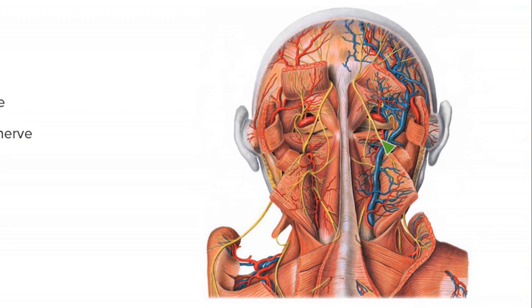And you can see it enters this region by passing just inferior to the inferior oblique that we see right in through here. This provides for sensory innervation of the skin associated with the posterior portion of your scalp.